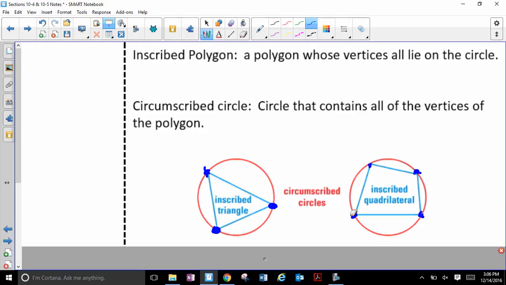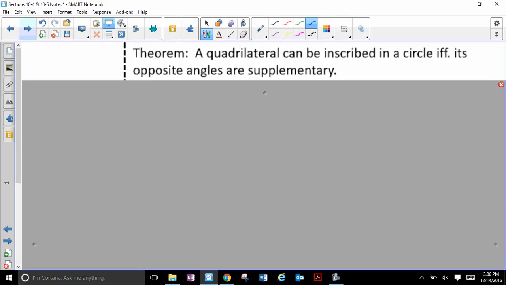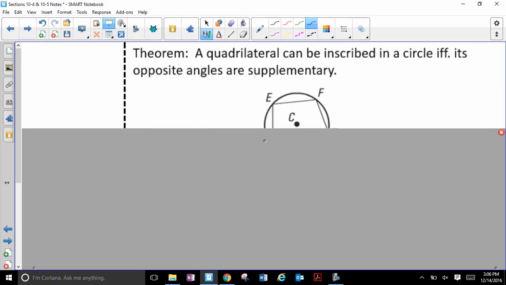I just showed you two examples, an inscribed triangle and an inscribed quadrilateral. Now this is important because there's a theorem about a quadrilateral that's inscribed in a circle. A quadrilateral can be inscribed in a circle if and only if its opposite angles are supplementary.